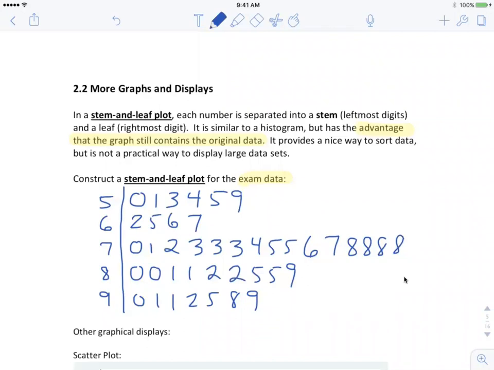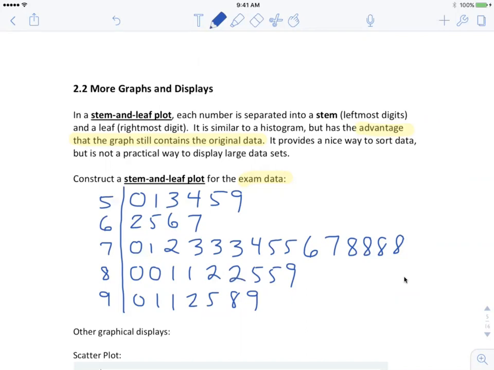So I went and completed it, and notice what I did. For example, with the 50s, I put in 0, 1, 3, 4, 5, 9. That's because the raw data values were 50, 51, 53, 54, 55, and 59. Okay, and it's the same for each one.